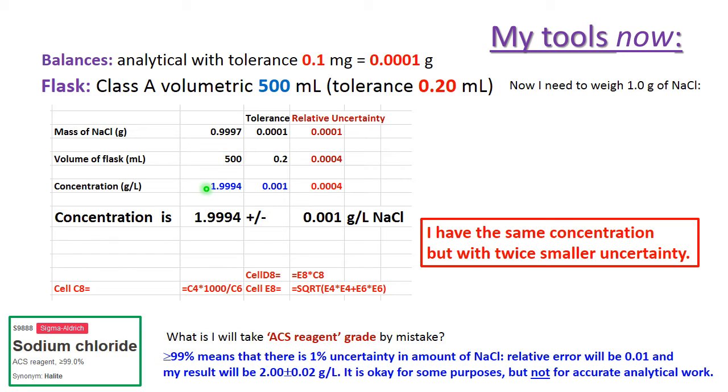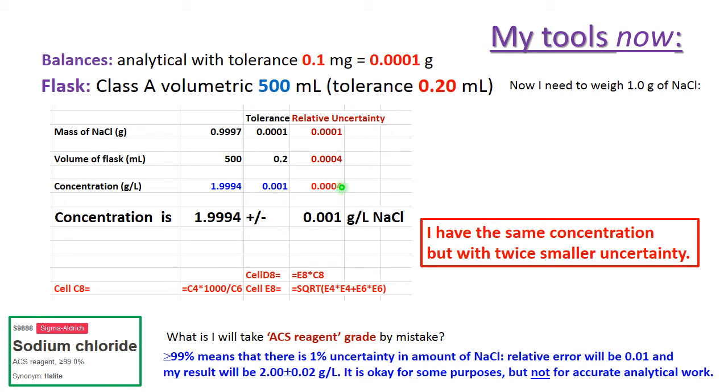So same way I'm calculating the concentration, same formula. And same way I'm calculating the relative uncertainty from this number and this number. And this time it's practically equal to relative uncertainty of the flask, because this relative uncertainty is much smaller than this.